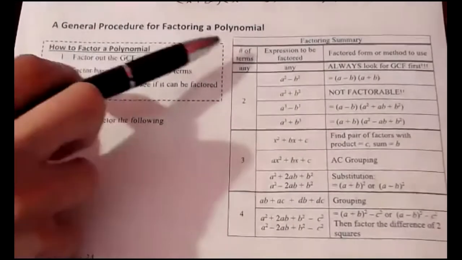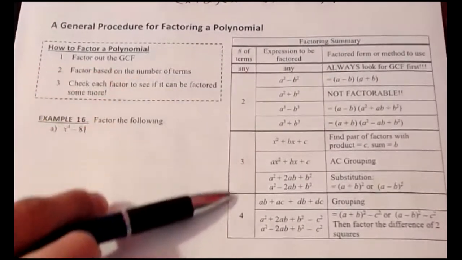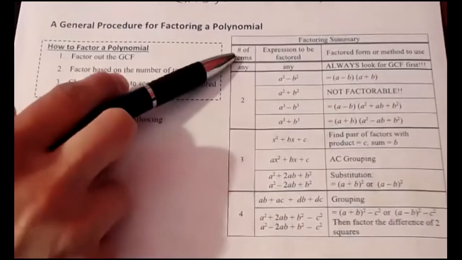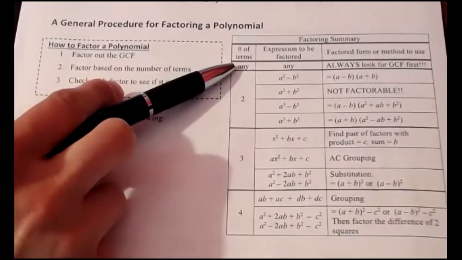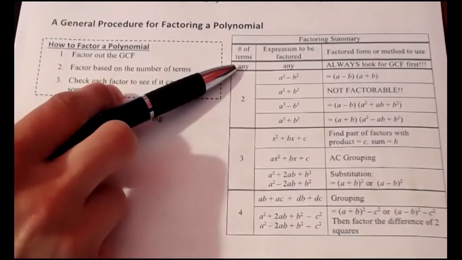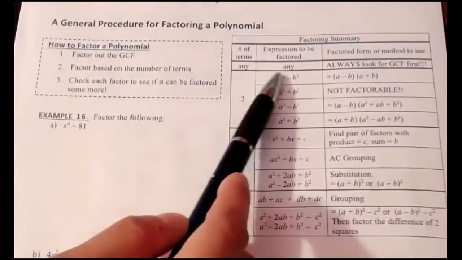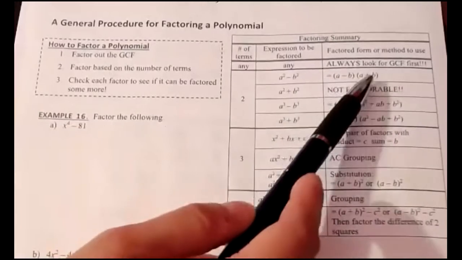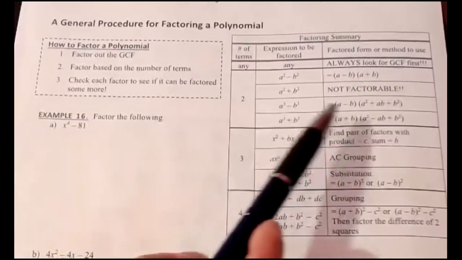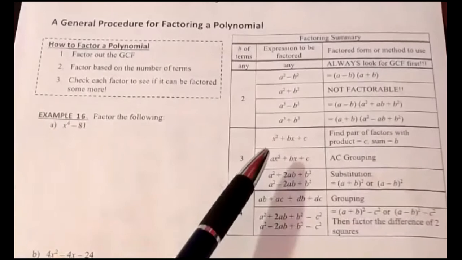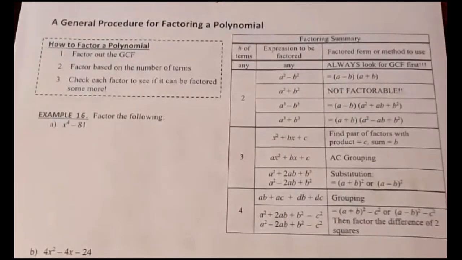As a side note, do you see how I provided a factoring summary here? This is something you may want to jot down on a formula page if you keep one, or you can write the formulas and their factored forms on index cards so that you can practice and make sure you're understanding all of these styles, okay?